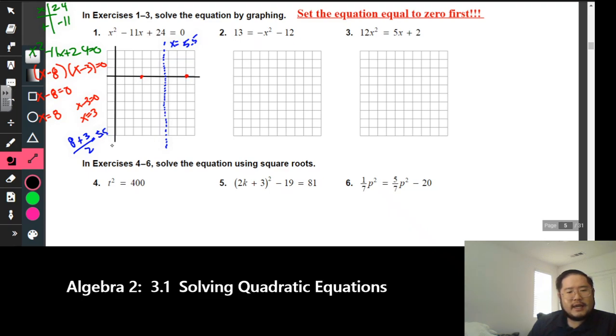So the last thing is take your 5.5 and plug it into the equation, and then you'll be able to come up with your value of y. So if you take 5.5, we square it, minus 11 times 5.5 plus 24. And remember, instead of having it set equal to 0, if this is an equation of a quadratic, we could change that 0 into y, because that's what initially is there.